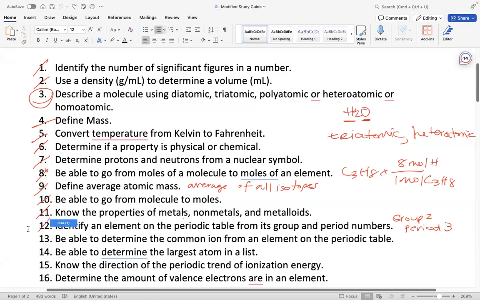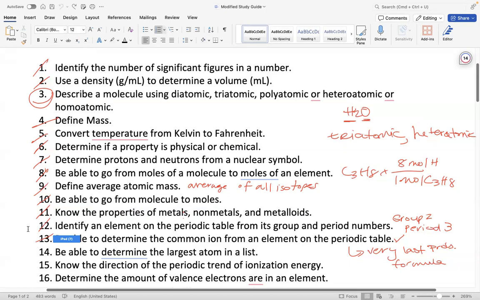Be able to determine the common ion. We did do this with our very last problem, where we figured out what the formula would be for that compound. So that was our very last problem where we did the formula. Oh, here's a good one.